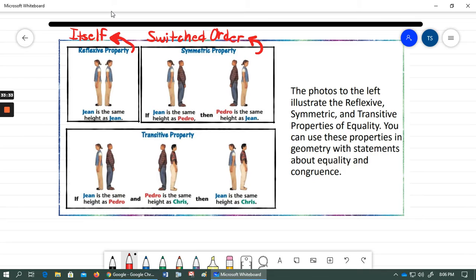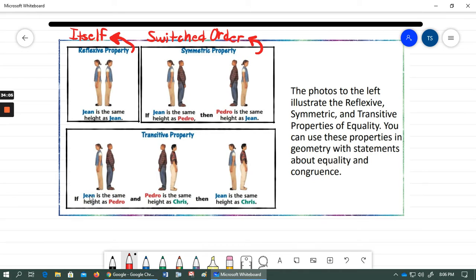Height is a type of value, and so this would be properties of equality that's being illustrated here, because it's talking about a particular value, the same height, that's being compared. All right. So again, folks, here it says if Gene is the same height as Pedro, and if Pedro is the same height as Chris, then what must be true is that Gene must be the same height as Chris.